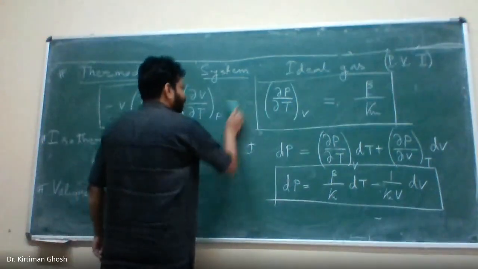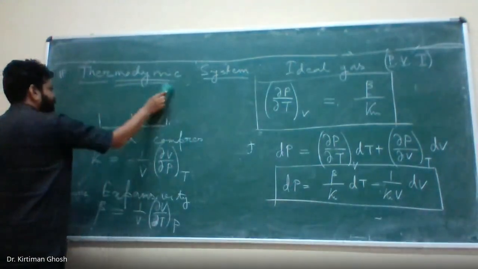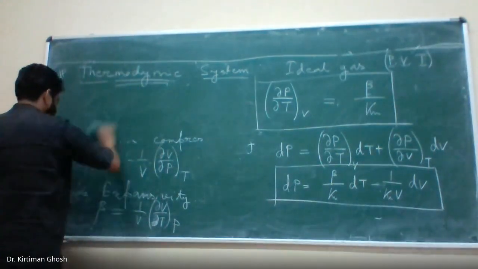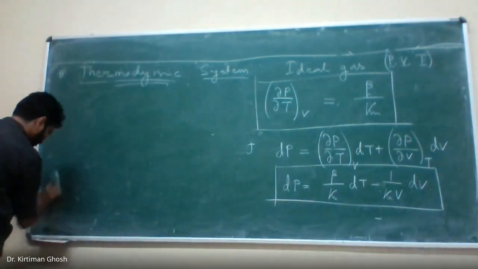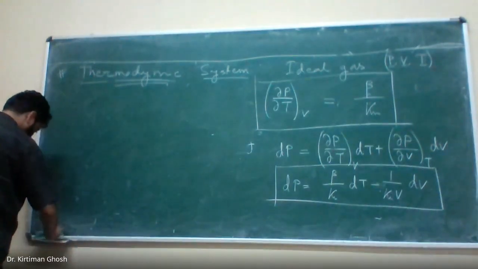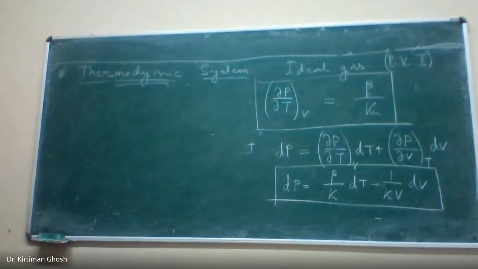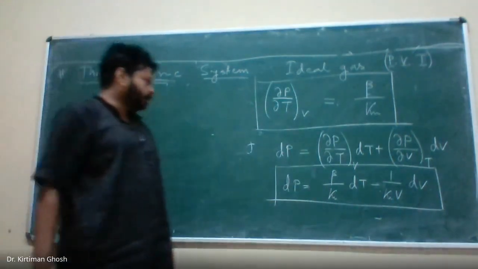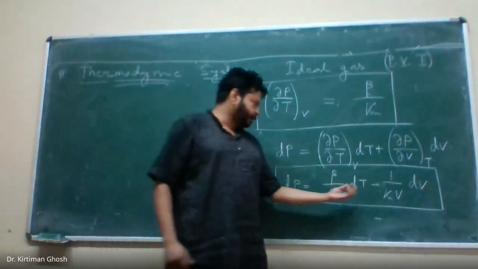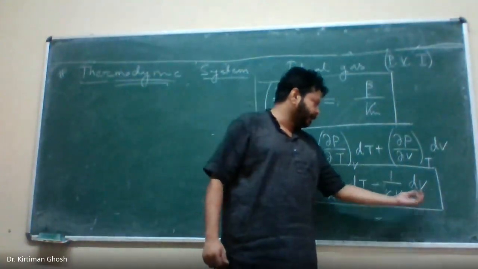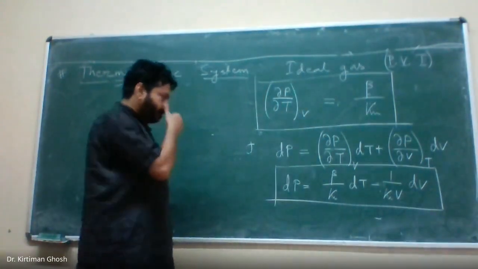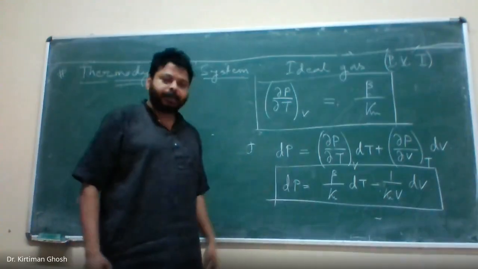This is interesting. I will come to that. Why is this interesting? This relation tells you that if you change the temperature of the system by delta T and the volume of the system by delta V, how the pressure of the system is changing.